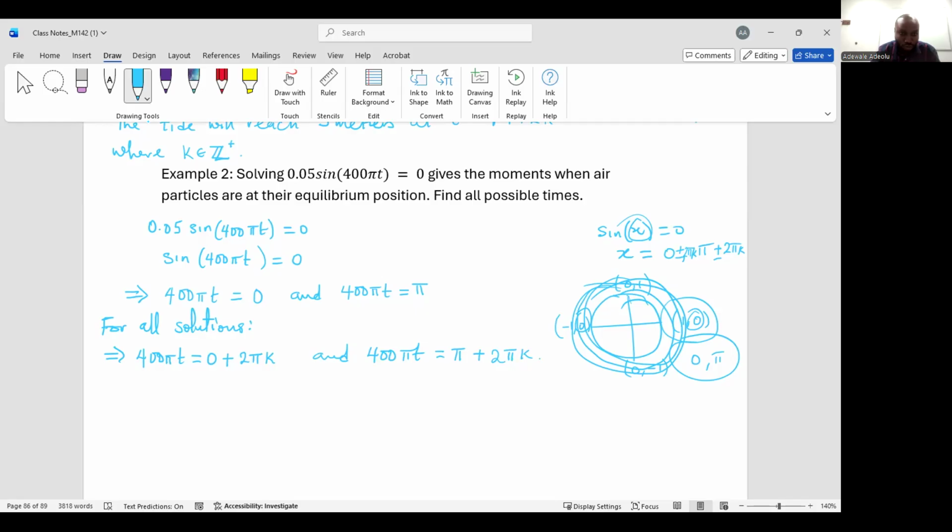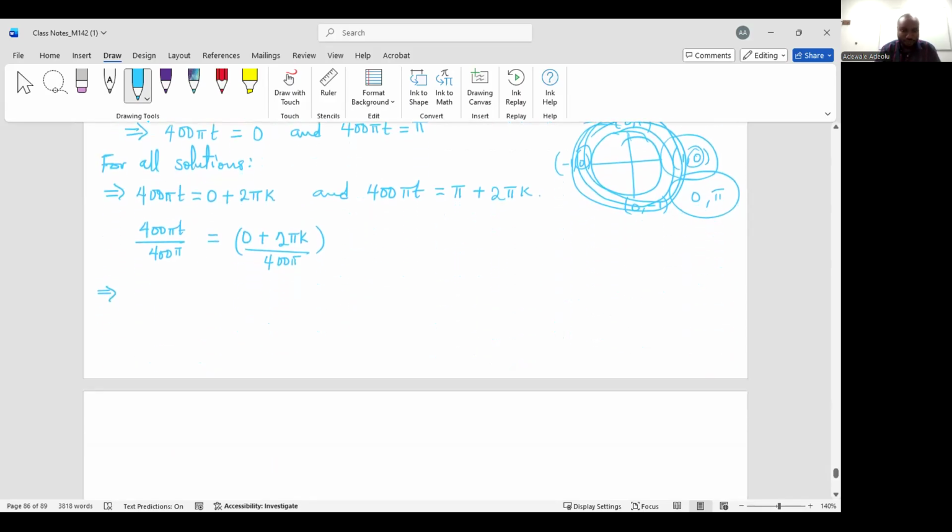I can divide through by 400 pi, right? So that is 400 pi t divided by 400 pi equals 0 plus 2 pi k divided by 400 pi. So this implies that we will have t equals 0 over 400 pi plus 2 pi k over 400 pi.